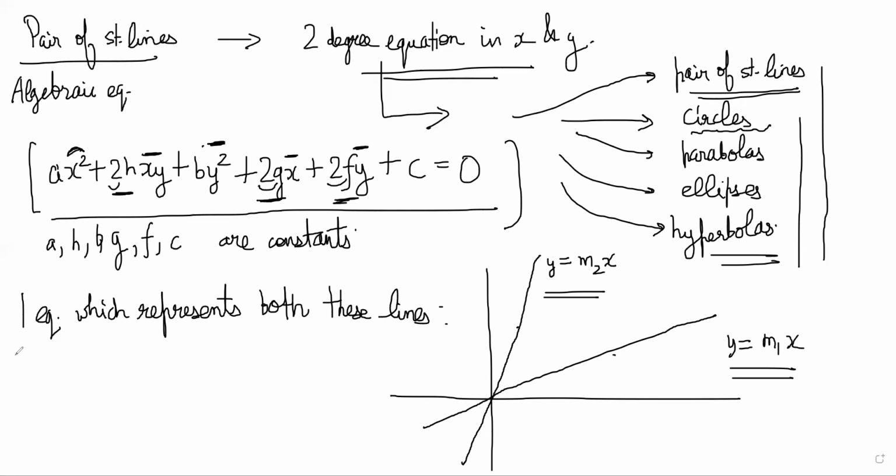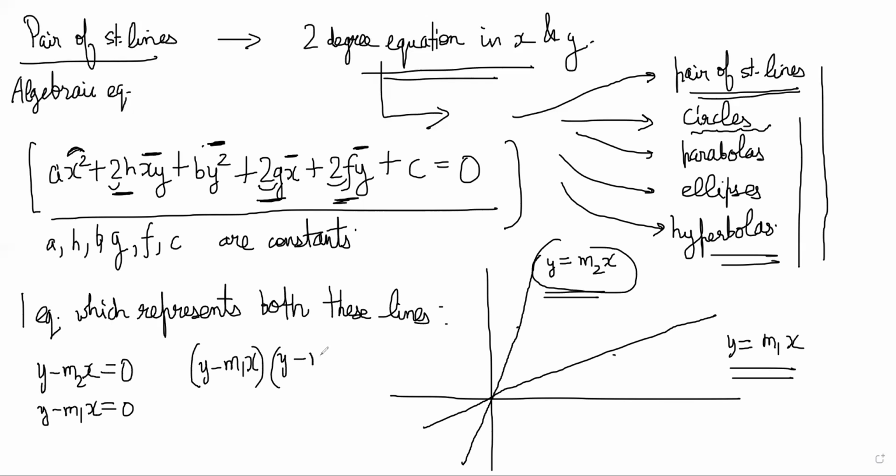What I can do is write this equation as y − m2x = 0, and the second equation is y − m1x = 0. And what you can do is multiply both the equations and say that it is equal to 0.